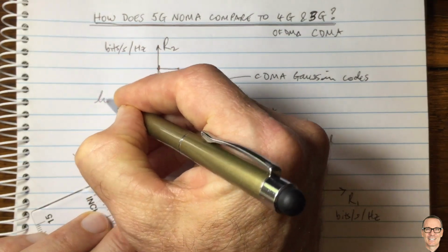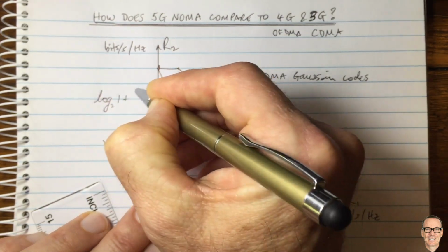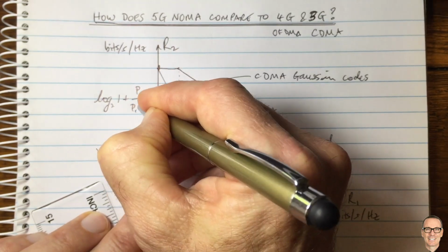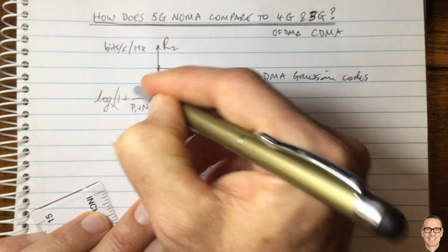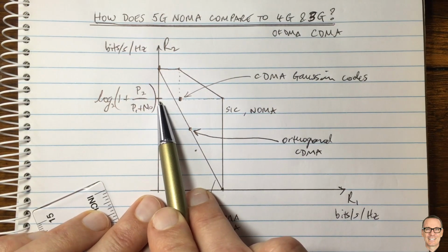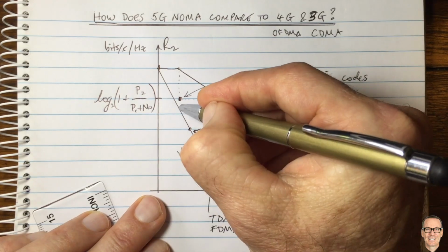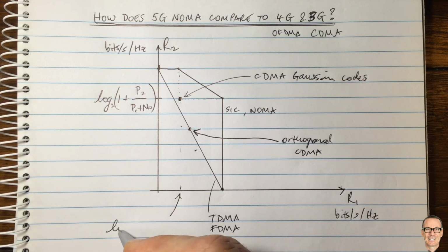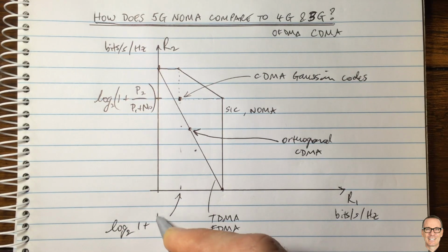So this number here is, of course, log2(1 + P2/(P1 + N0)). If you want more information on this, check out the successive interference cancellation video on the channel. And this number down here is the same, but for user 1: log2(1 + P1/(P2 + N0)).